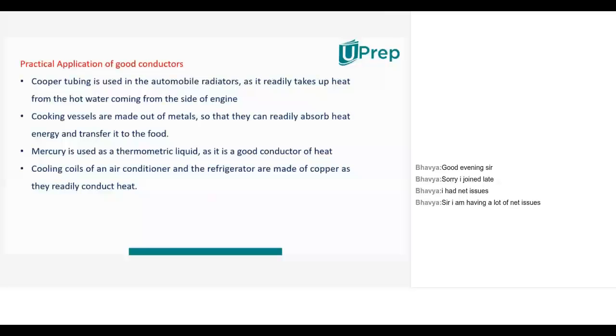Yes, sir. Right. Now let us move to the applications of bad conductors. The handles of teapots, kettles, pressure cookers, all these things will be made either with wood or plastic, or bakelite. They will be used for handling those particular devices.